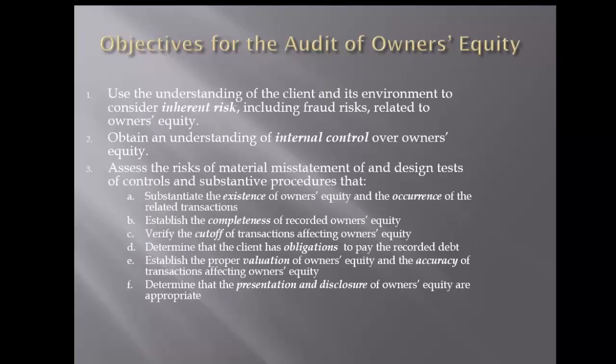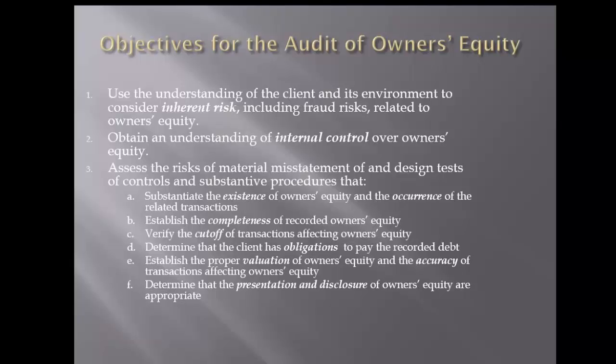When we're understanding the objectives of the owner's equity, we're still focusing on the inherent risk, control risk, and the detection risk. Okay, and the detection risk is where we are determining the substantive testing that we're going to be doing.